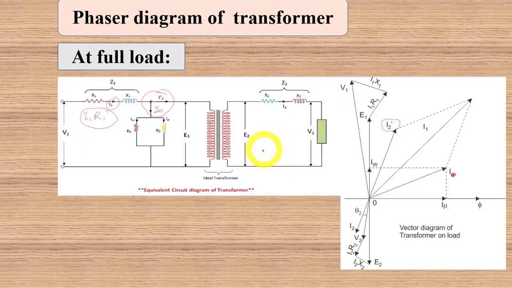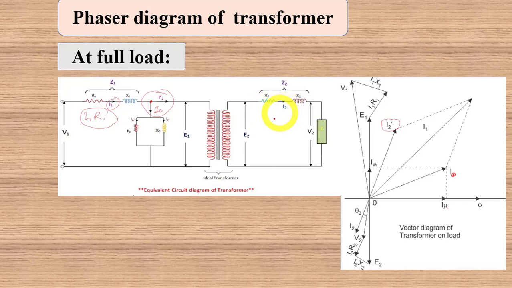And the same thing is repeated on the secondary side. E2 is the induced EMF at the secondary winding, R2 is the lumped resistance of the secondary winding, and X2 is the leakage reactance of the secondary winding. So I2 passes through these two components, a resistive component and an inductive component.